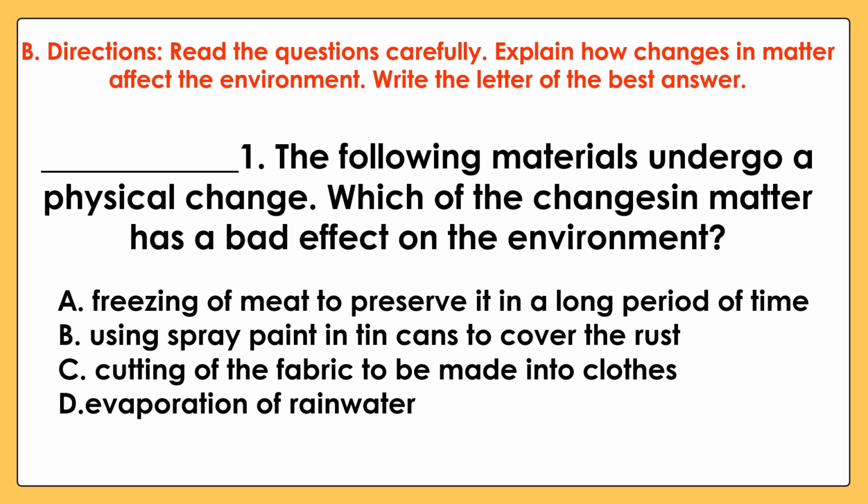A. Freezing of meat to preserve it in a long period of time. B. Using spray paint in tin cans to cover the rust. C. Cutting of the fabric to be made into clothes. And D. Evaporation of rainwater. The correct answer is letter B. Using spray paint in tin cans to cover the rust.